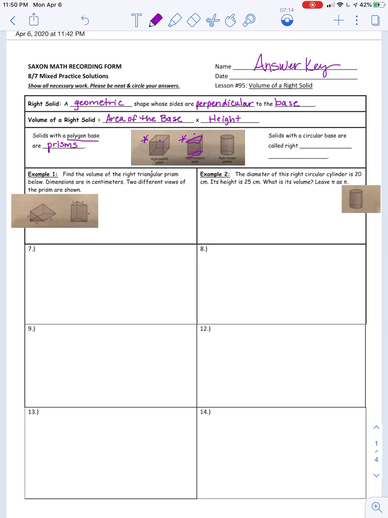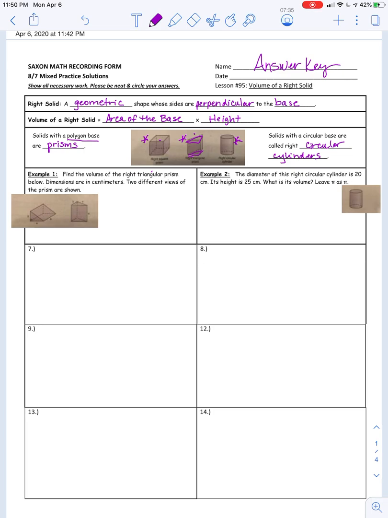The other kind of solid has a circular base, and I think about a can of Pringles or a soup can or something like that. Solids with a circular base are called circular cylinders. It's not a prism, even though I can look straight through.